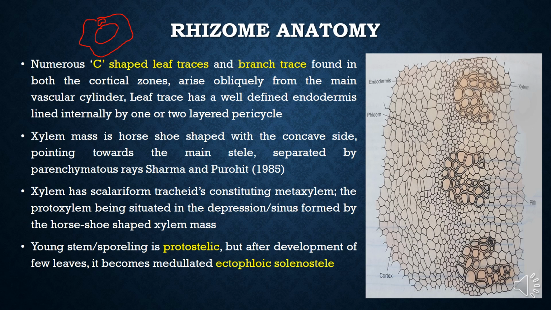Inside the stellar region also, we see this type of vascular bundle. So both the extrastelar vascular bundle in the leaf trace and the vascular bundle in the main stellar portion are horseshoe shaped.